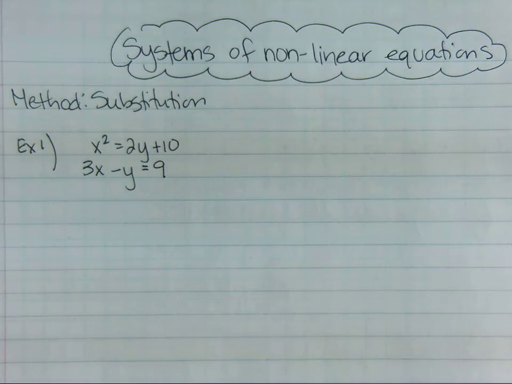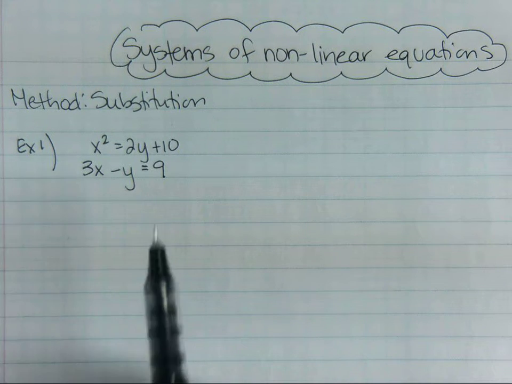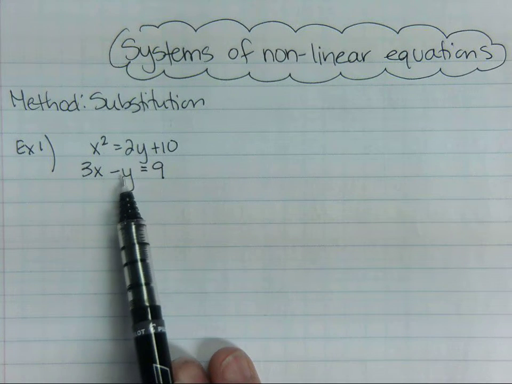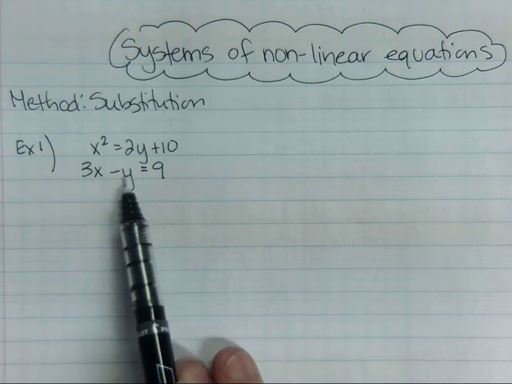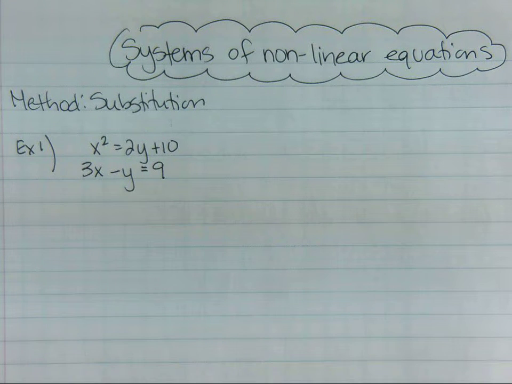Now, when you are trying to do the substitution method, you need the variable that you are trying to substitute for to be like a y equals or an x equals. And for this particular problem, it would be a lot easier to do substitution if we could isolate the y term in the second equation.